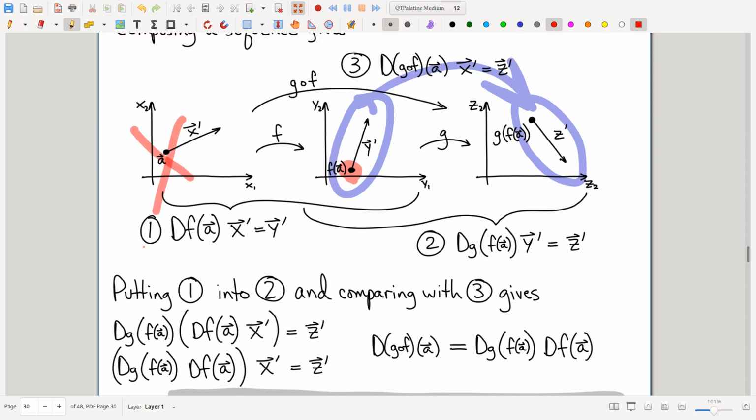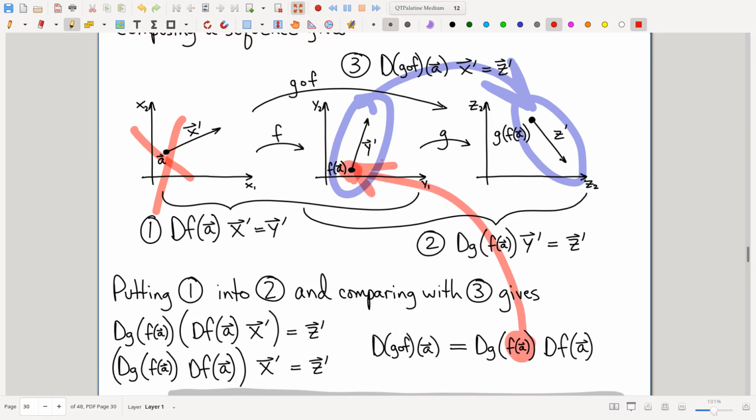No, not even close. Look, A is way over here. G has never even heard of that point. G takes points out of this intermediate space and gives you points into this target space over here. G is evaluated at that point, which is presumably the point that f spits out when x is at this point A. So this point is f of A. And so dg is evaluated at f of A.